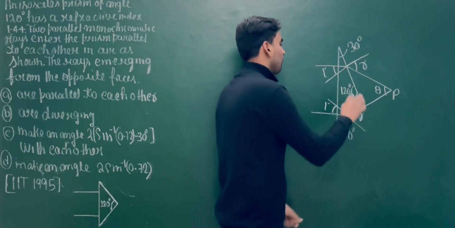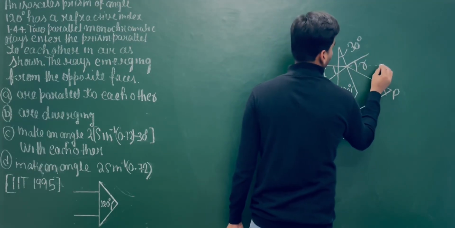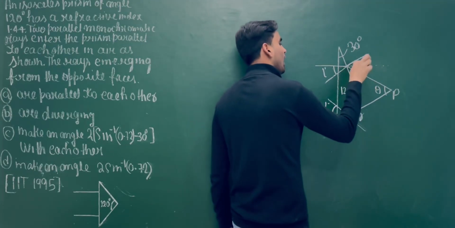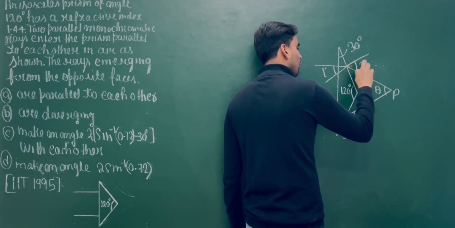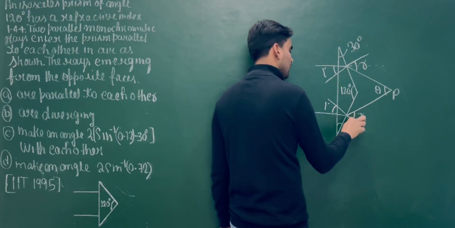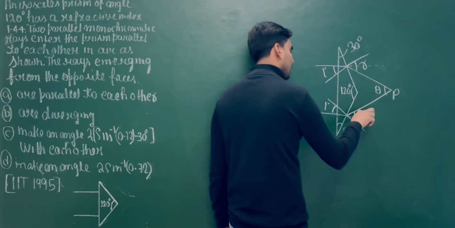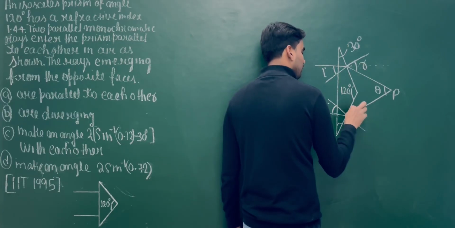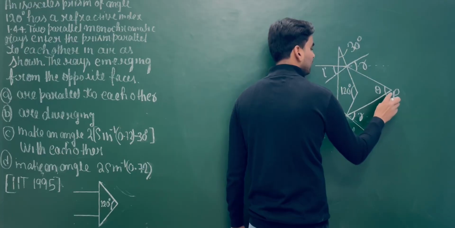Initially, for this ray, this was the original track on which it had to move, but due to refraction, it moves on this track. Similarly, for this ray, this was the original track on which it had to move, but due to refraction in air, it moves along this track.